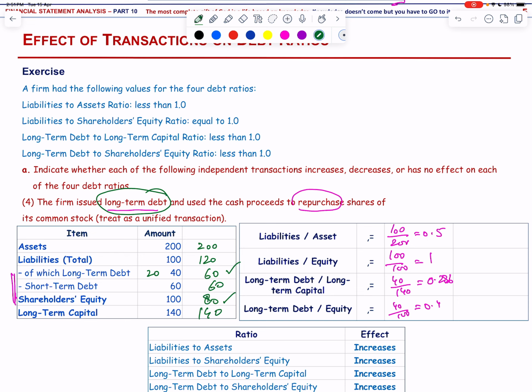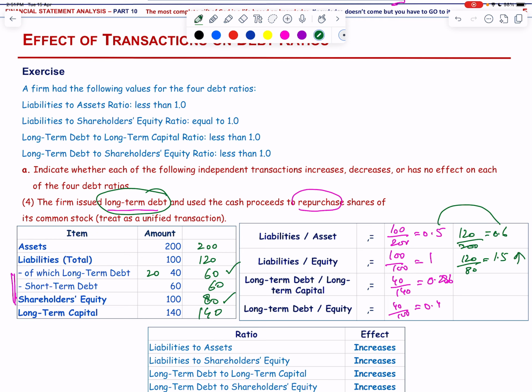So liability to total assets will be 120 divided by the total assets, that is 200, that is equal to 0.6. So it increases from 0.5 to 0.6. The liabilities to shareholders equity will be 120 divided by 80, that is equal to 1.5. So you can see it increases.